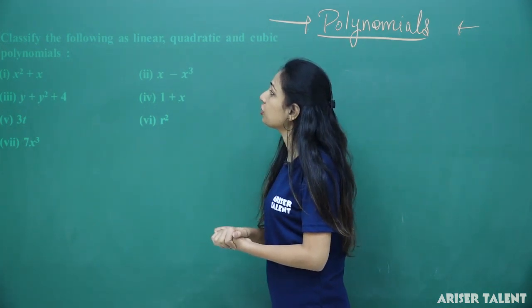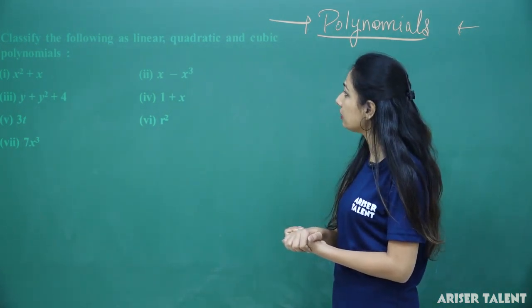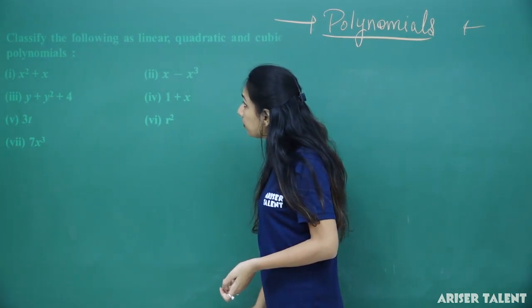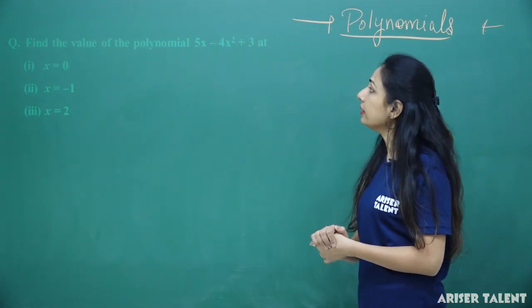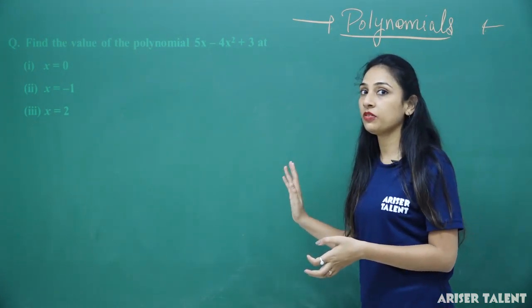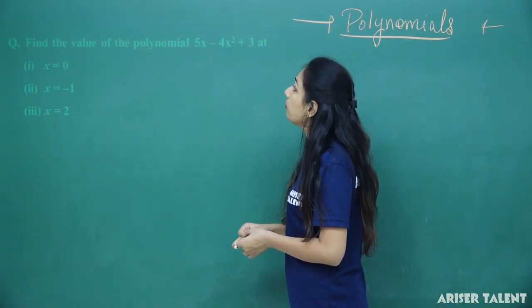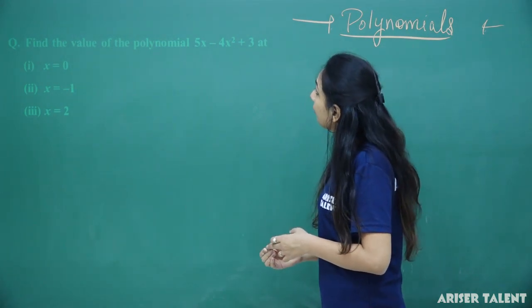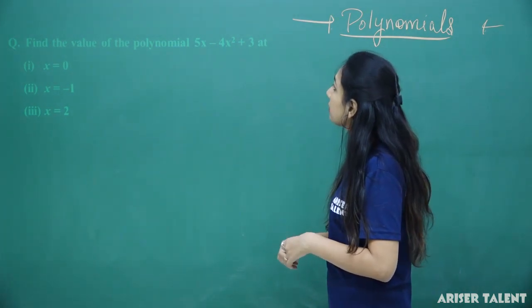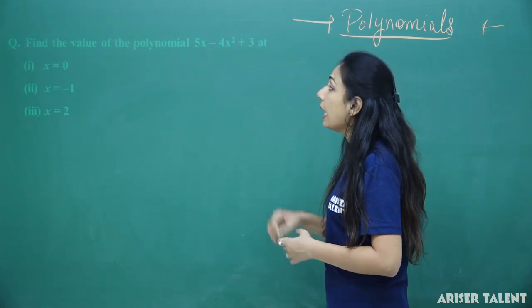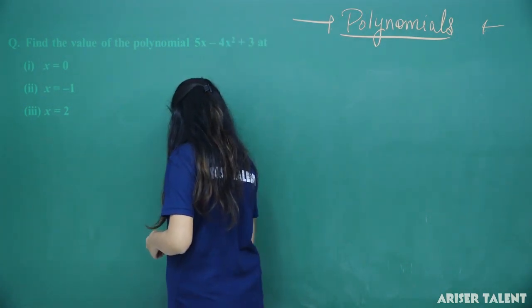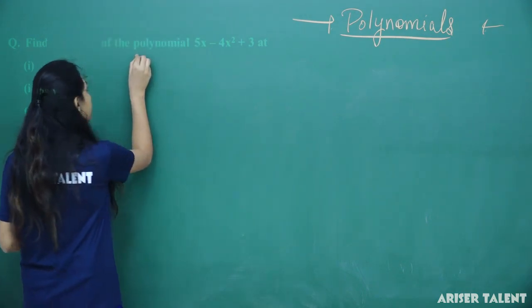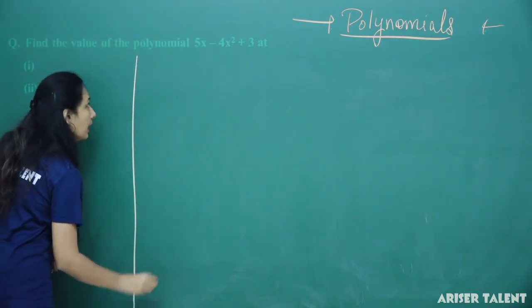This is exercise 2.2 question number 1. Find the value of the polynomial 5x minus 4x square plus 3 at x equals to 0, x equals to minus 1, x equals to 2. So there are 3 parts, students.